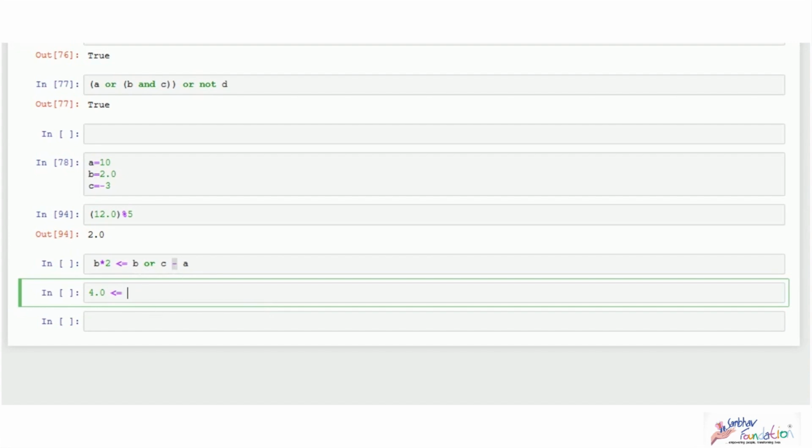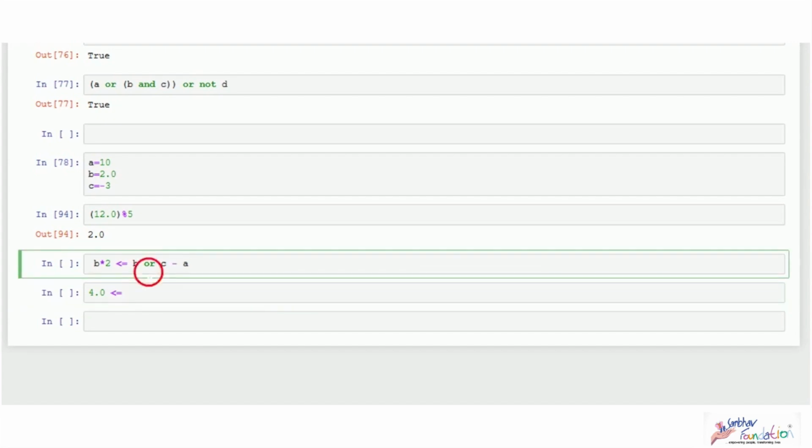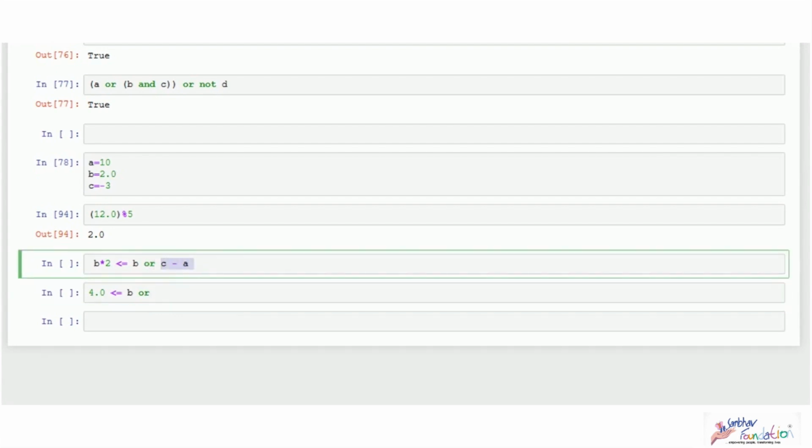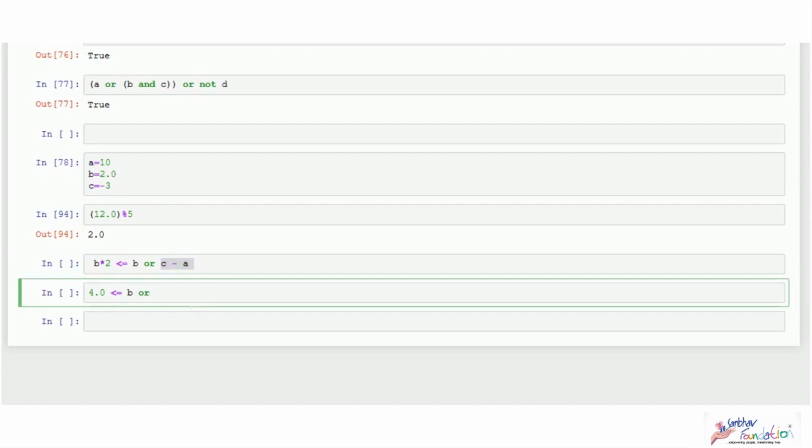Now we have or and minus, and we know arithmetic takes precedence over your logical operator. So this will first remain the same, and this gets executed first. C minus a, that is minus 3 minus 10, is minus 13.